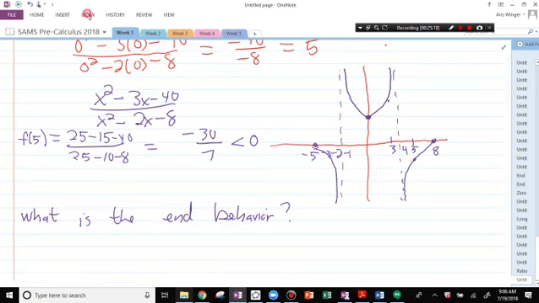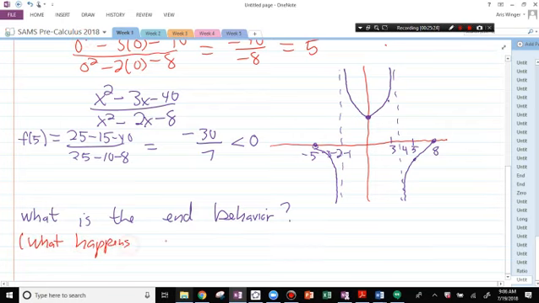And again, in calculus terms, it means what happens when x moves all the way to the right, or when x moves all the way to the left.